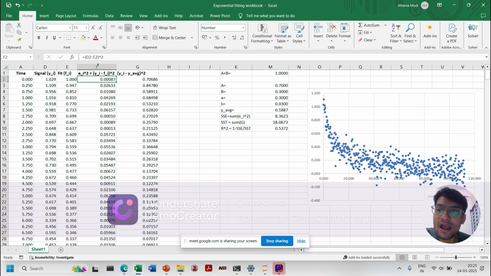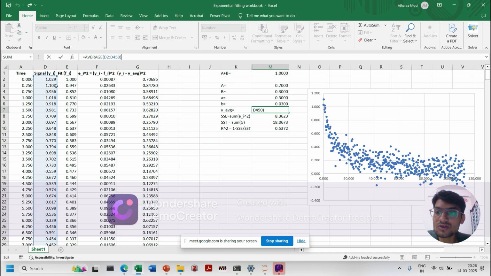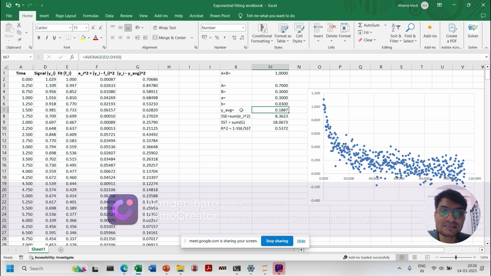I have applied that formula already, and this error term squared sum I will call SSE, sum of error term squares, right? It is 8.36. So my goal is to minimize this, but to make it interpretable I will also write an R square here. First I get y average, which is nothing but the average of the overall signal. SSE I have already calculated as sum of ei square.